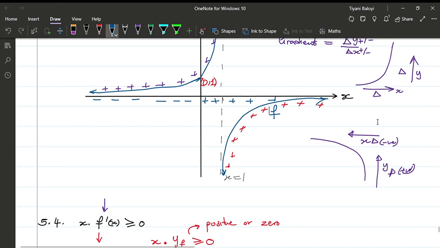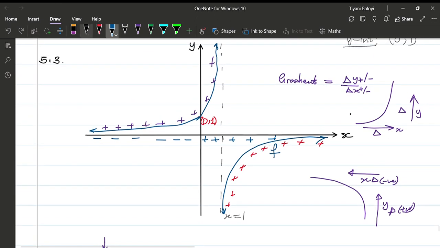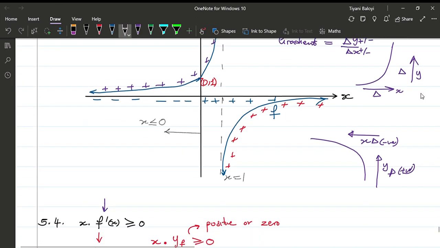Let's just see here. In this direction where you have x less than or equal to 0, these two signs are opposite, so you have a negative product. You don't have a solution here. Then what about between these two?